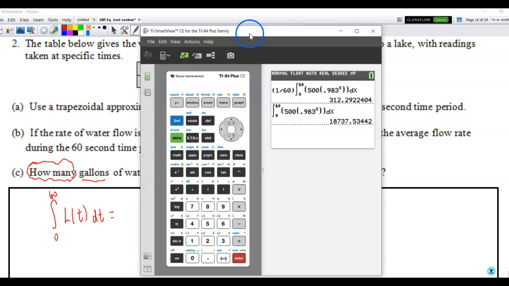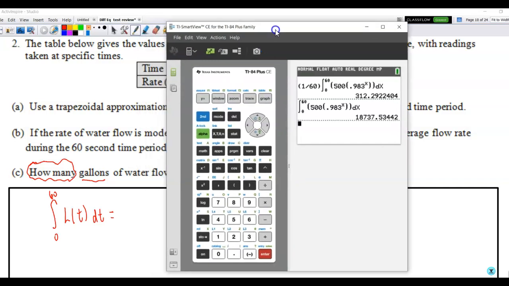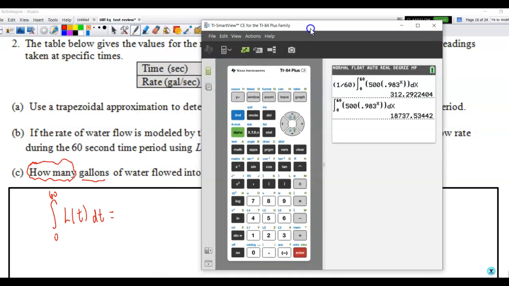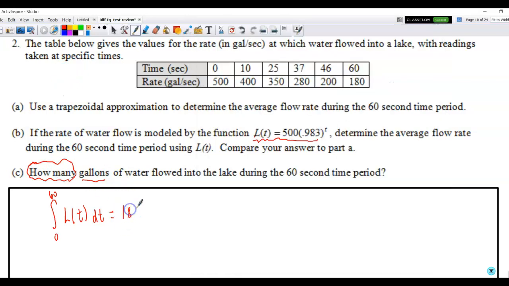I'm never going to remember all those numbers, and when I hit my screen, it's going to be 18,737.534. So here we go, 18,737.534, and we know that the units now are going to be gallons of water that flowed into, was it water?